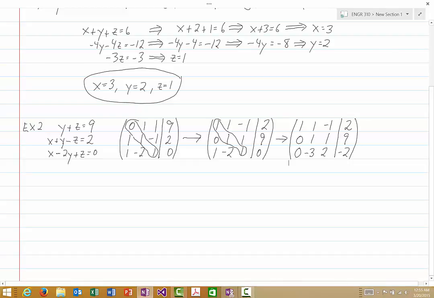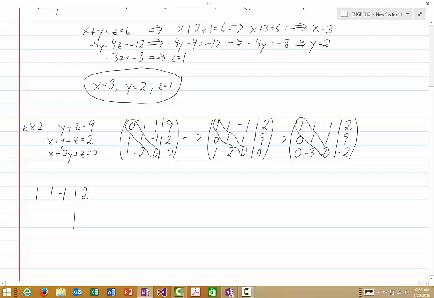And now here is the main diagonal, and there's only one remaining non-zero term below the main diagonal, and that is this -3. We can easily eliminate it by adding positive 3 times the second row to the third row. So let's do that and see what happens. The first row doesn't change: 1, 1, -1, 2.